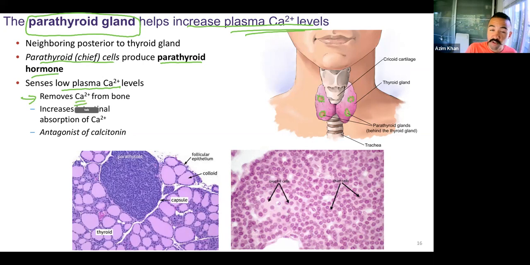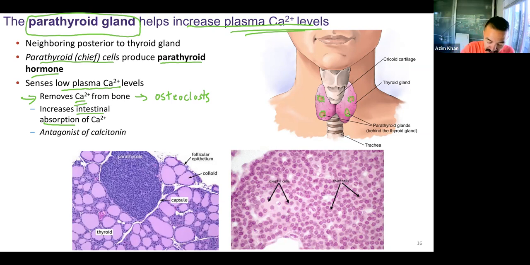Do you remember which cell removes calcium ion from your bone? You're removing it thanks to those osteoclasts. Parathyroid gland stimulates your intestines to absorb more calcium ion from your diet. And therefore, because of all this, it's an antagonist of calcitonin. It's doing the opposite.